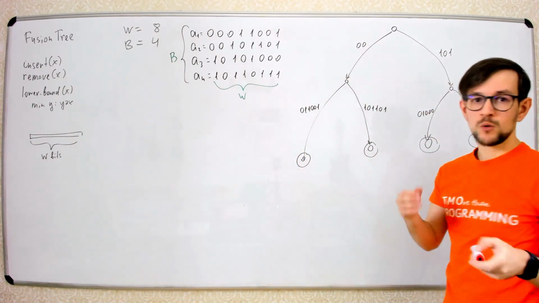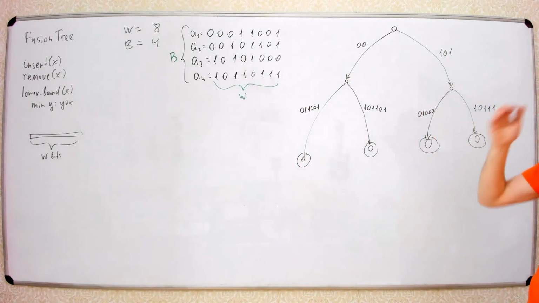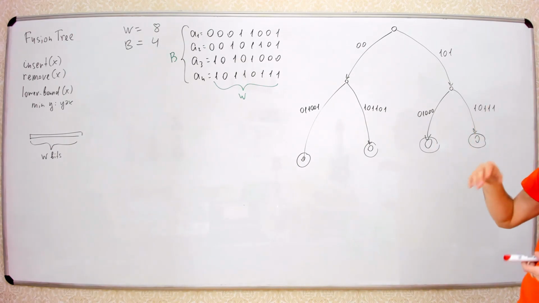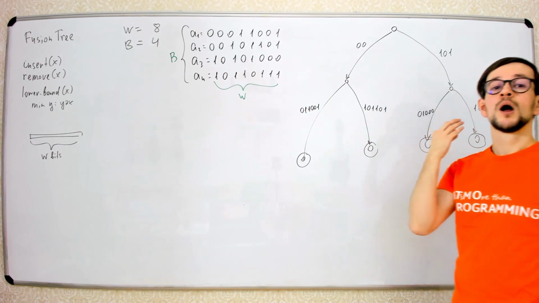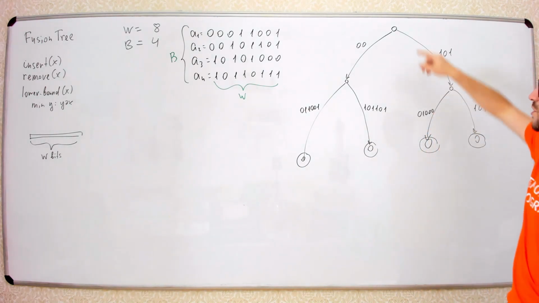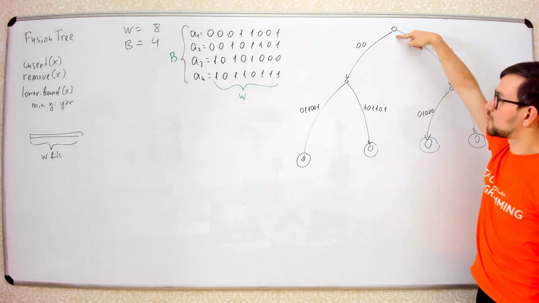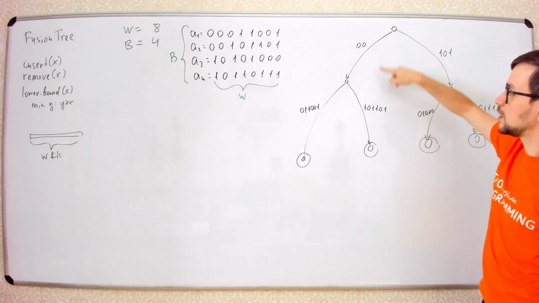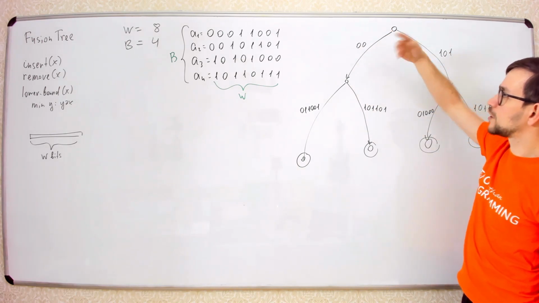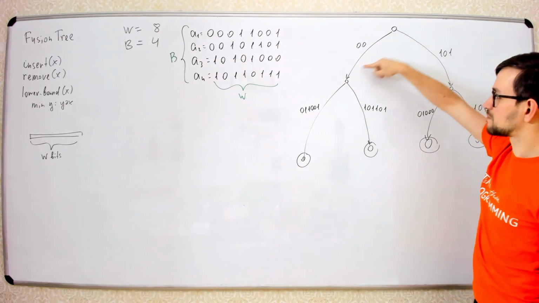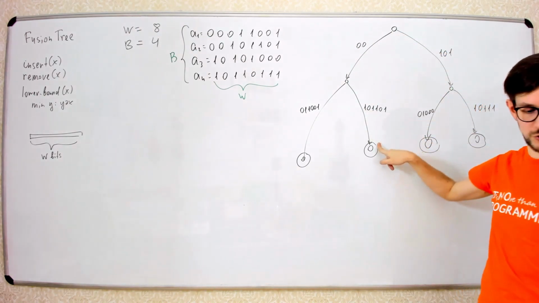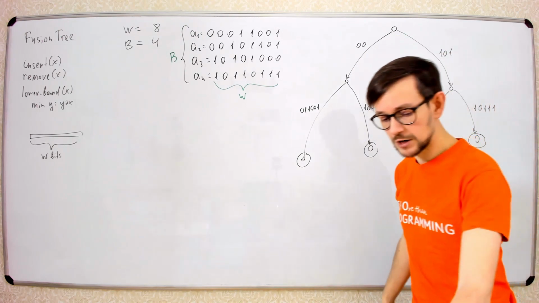Now, what will happen if I want to find something in this trie? You're given some integer and you want to find it in this trie. You start from the root and follow the path, each time comparing your digit and the digit in the trie, from the root to the leaf. That's how tries work.